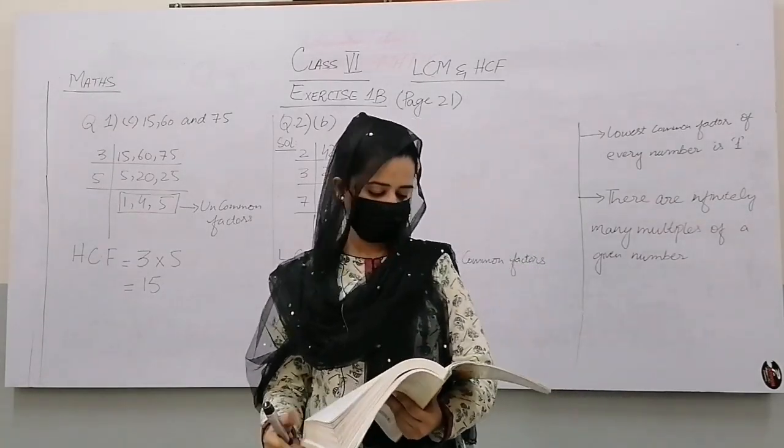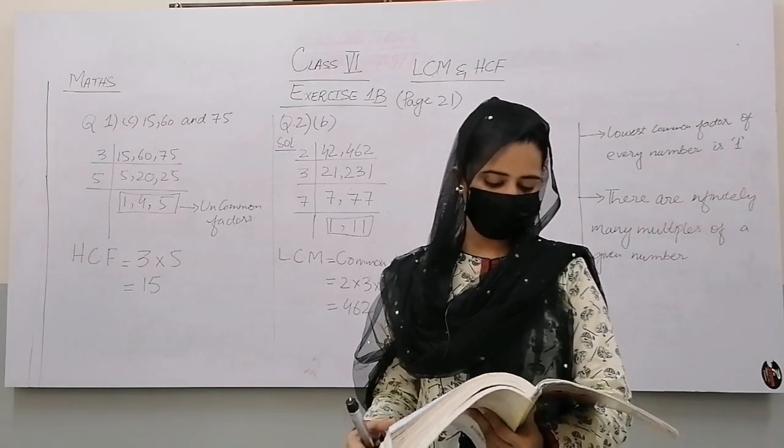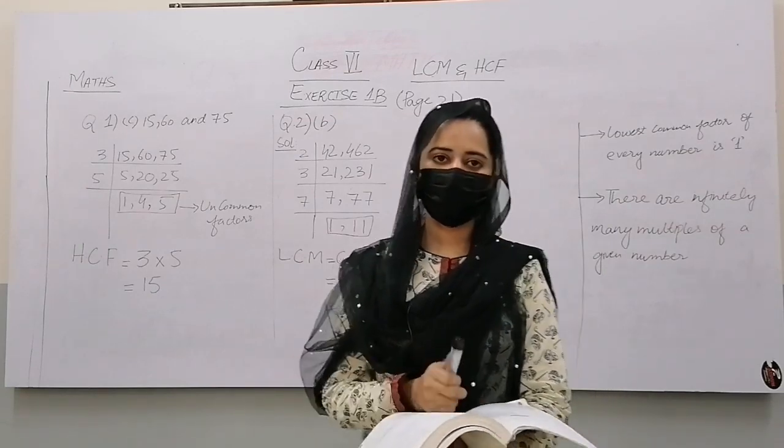Question number 6. Find the smallest value of n such that the LCM of n and 15 is 45.